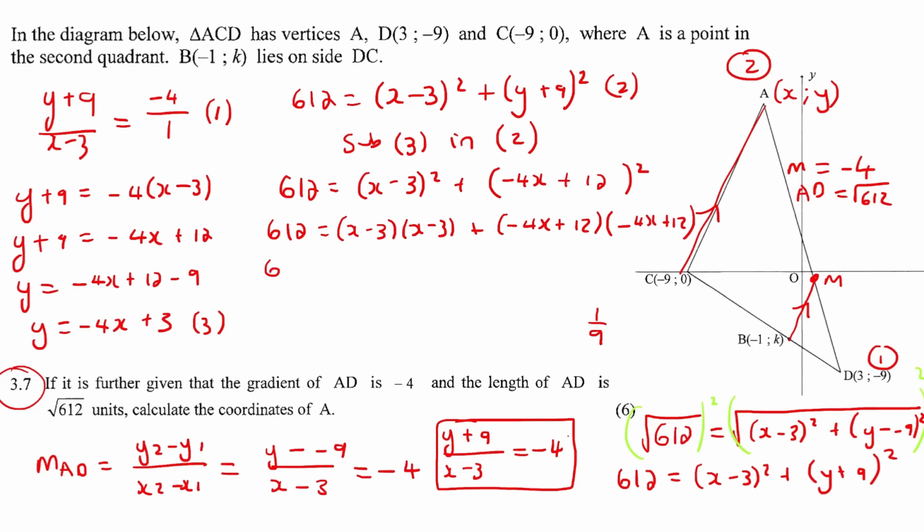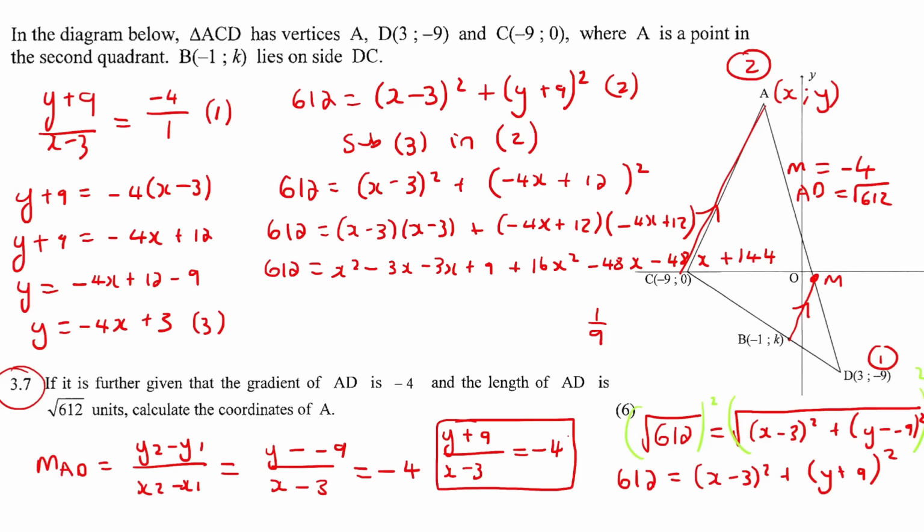Okay, and so we end up with 612 equals, now it's going to be x squared, take away 3x, take away 3x, add 9, and then this will become 16x squared, take away 48x, take away 48x, and then plus 144.